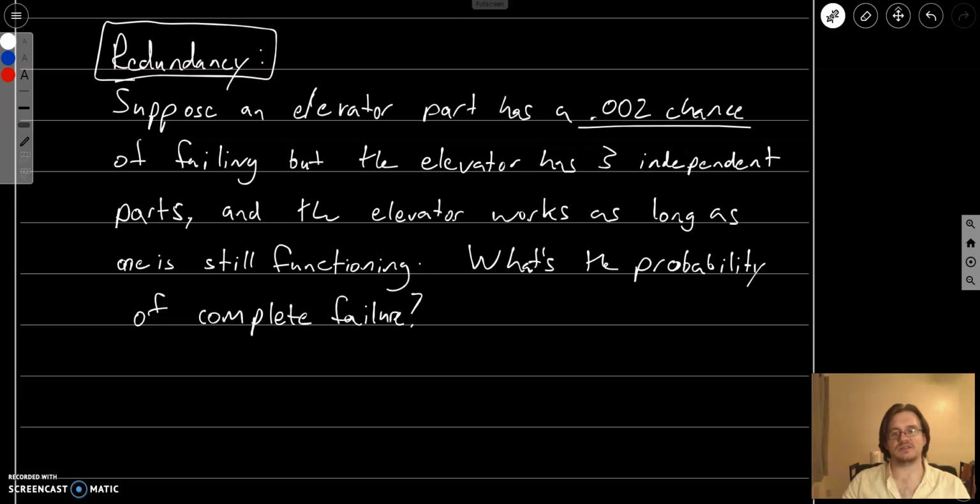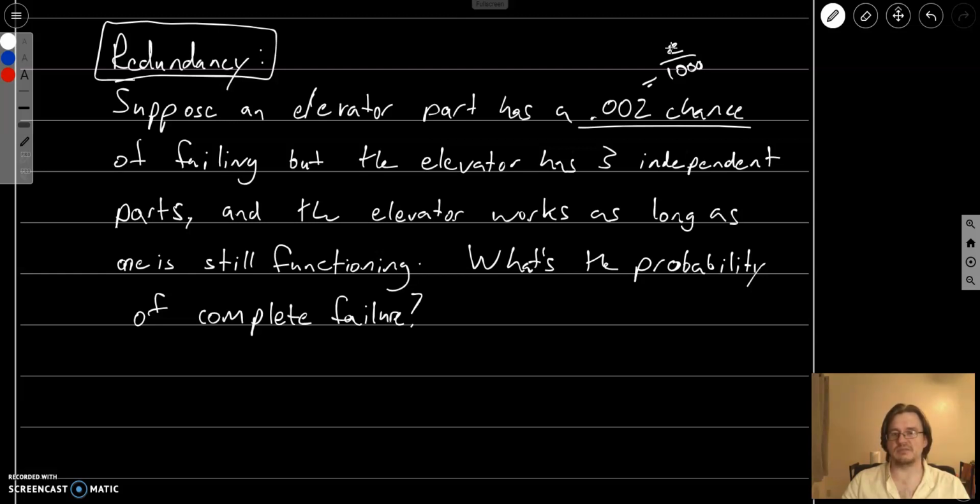So again, this is equivalent to 2 out of 1,000. And if we think about 2 out of 1,000, this is saying that 2 out of every 1,000 elevator trips, this particular part that we're talking about could fail.